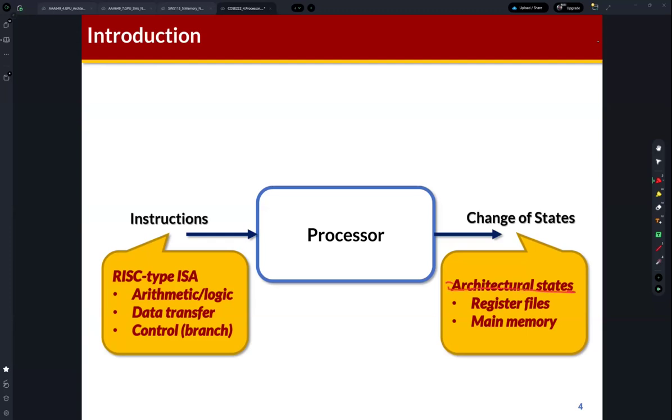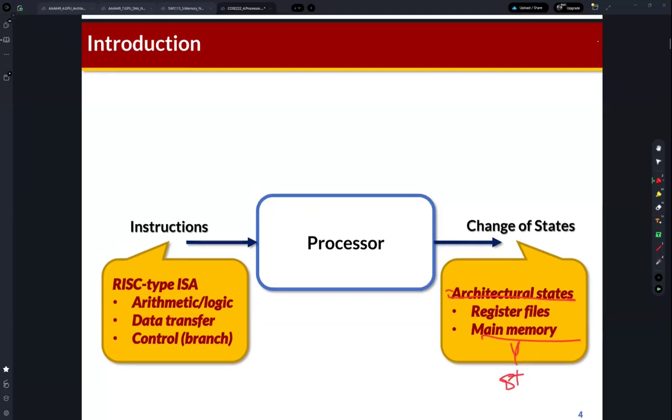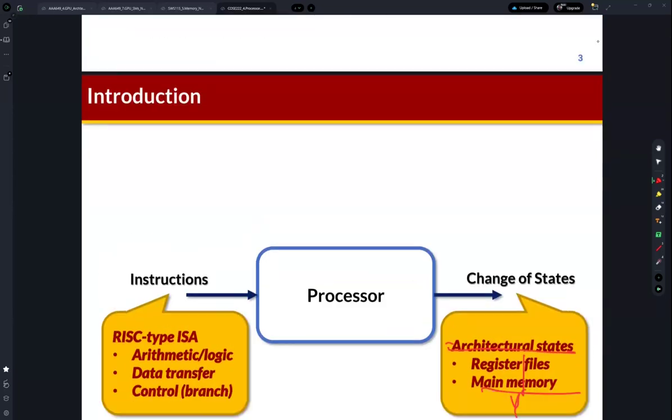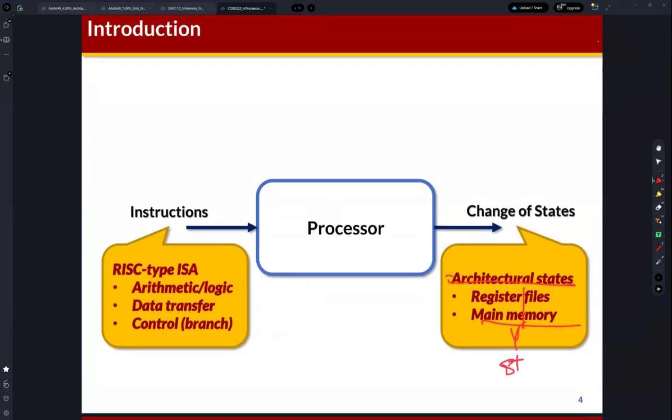The architectural state means the register file, the values of registers, and it can change main memory, the data in main memory, but usually only the store instruction does that.